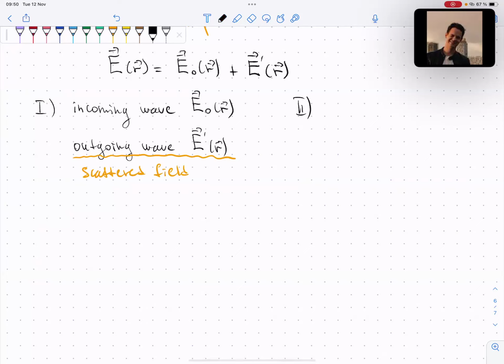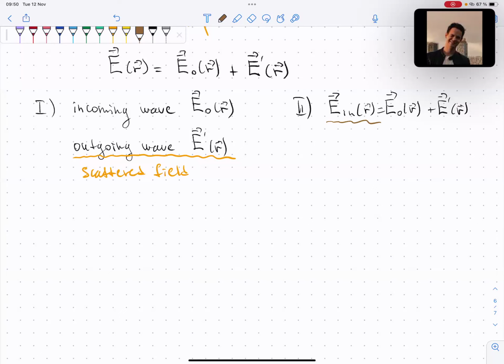And in the second region, we will have just some fields inside the scatterer. We can write the field inside as some superposition of E0 of R plus some E prime of R, or we can just write it as E inside, as we did previously.